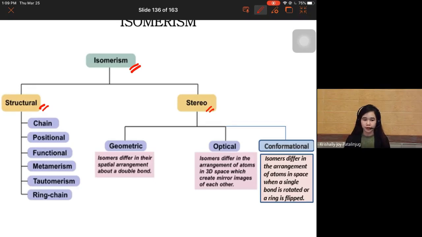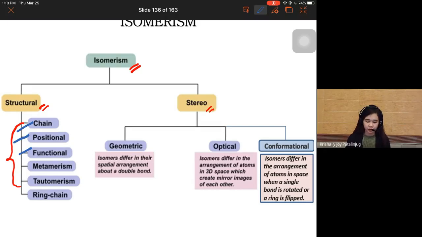Okay? Now, for today's session, we will discuss only these types of structural isomerism. Yung first three, chain, positional, and functional, these are the major types of structural isomerism. Okay, so ito yung common na mga primary types ng structural isomerism.